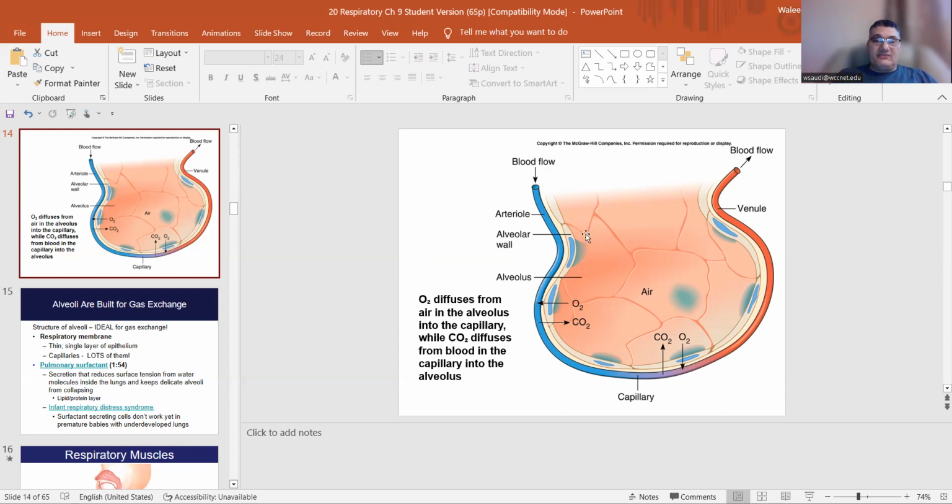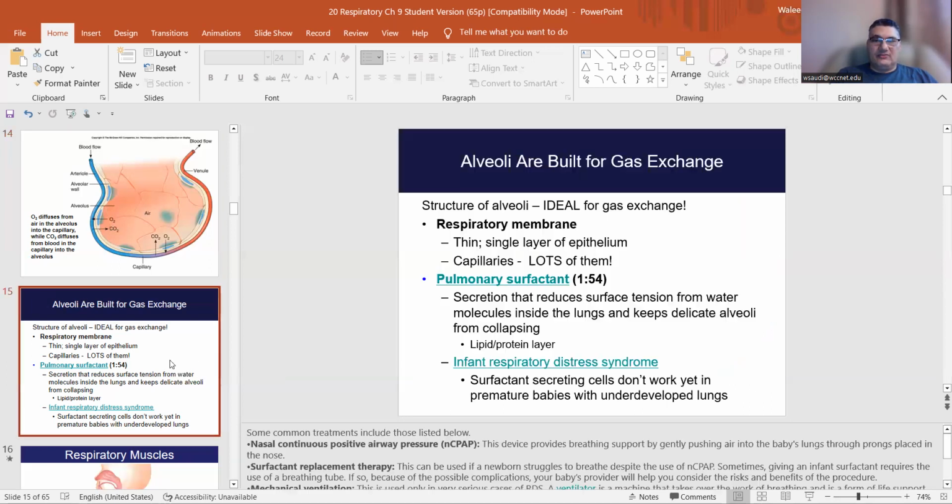What makes these very tiny, thin alveoli, what keeps them open like this? Why don't they collapse? Because the wall of the alveoli secretes something called surfactant that you need to remember. It releases surfactant. And this surfactant decreases the surface tension of these alveoli so they do not collapse.